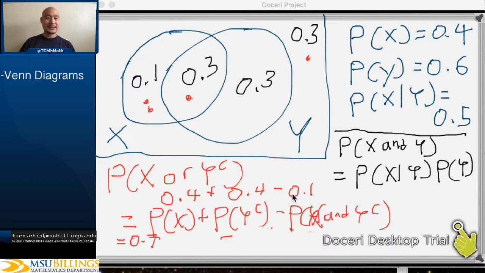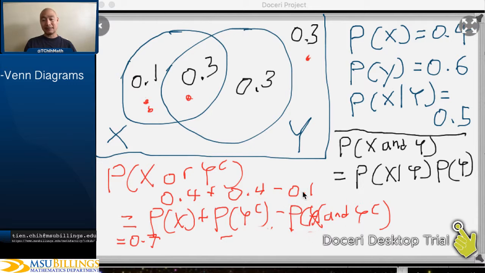But that seems a little needless compared to just counting up all of the regions which form this area. I mean, what did we do? We took the probability of X, which is the sum of these two things, and the probability of Y complement, which is this sum plus that sum, and adding those together adds this 0.1 region twice.